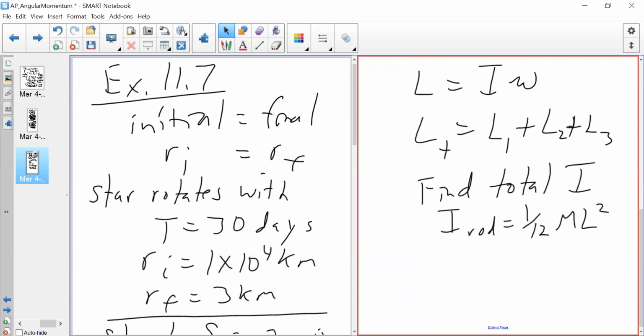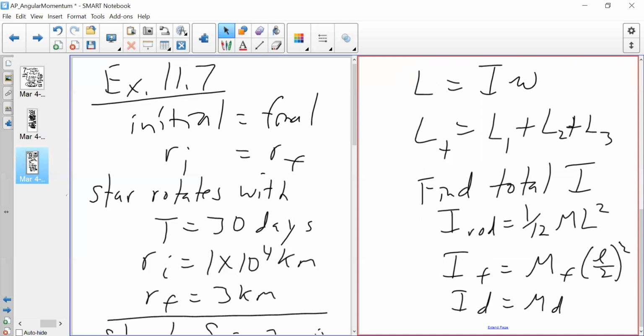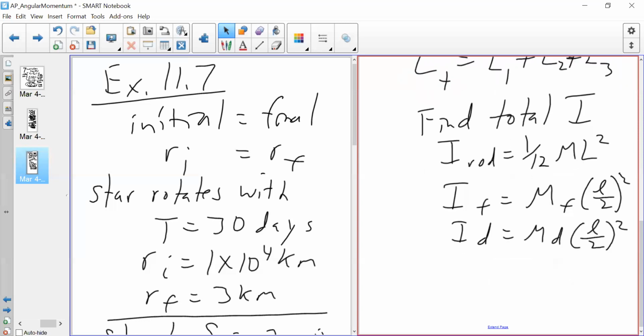Just look that up from the table. The moment of inertia of the father is going to be the mass of the father times his distance from the center squared, which is going to be L/2 squared. And then the daughter, same thing, mass of daughter, L/2 squared. So of course, the total moment of inertia is just the sum of all those.